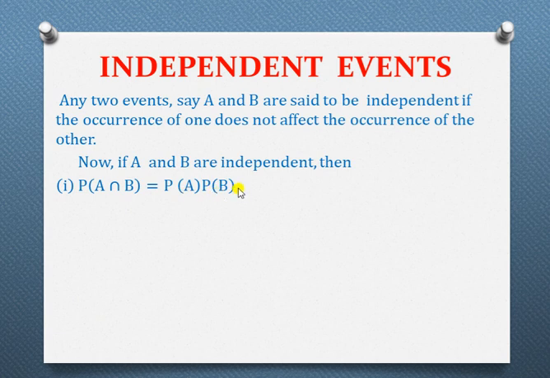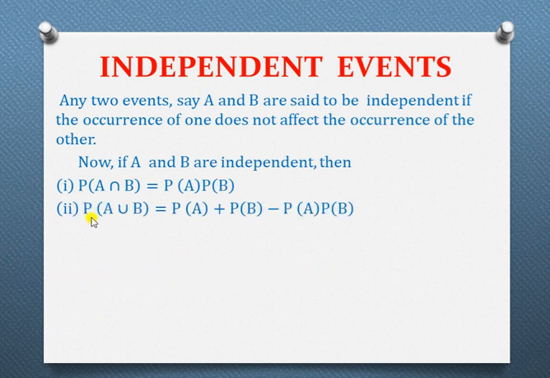This is one of the most important points. If two events A and B are independent, then if you get the probability of their intersection, it is as good as getting the product of their probabilities. So in this case, we are multiplying the probability of A by the probability of B. Roman 2.